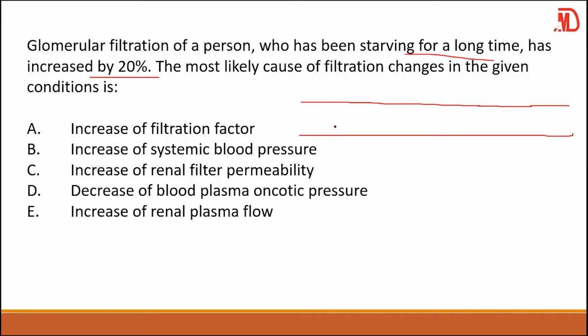Those people who are fasting become very dehydrated, their mouth is dry, their skin is dry. Why? Because they will be peeing a lot, and the reason is that there's a reduced oncotic pressure in the vessel. And that's why over here, your answer is the decrease of blood plasma oncotic pressure.